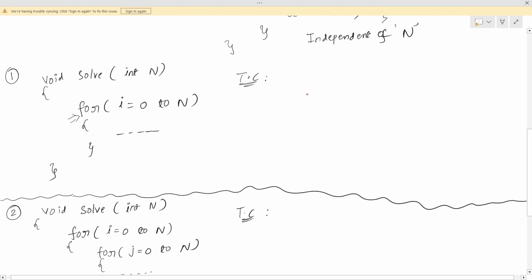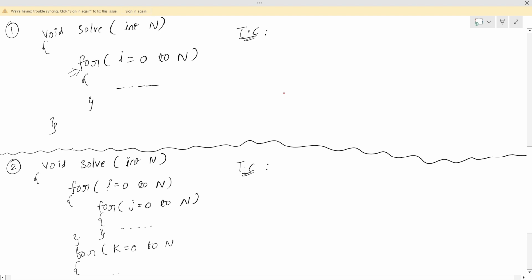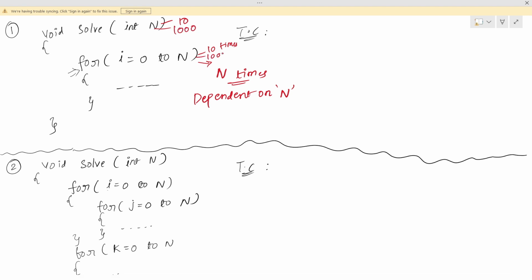But here, if we take this new example, you can clearly check that the code is running for n times. So it's clearly dependent on the n value. If you take n value as 10, then this loop will run for 10 times. If you take n value as 1000, then this loop will run for 1000 times.